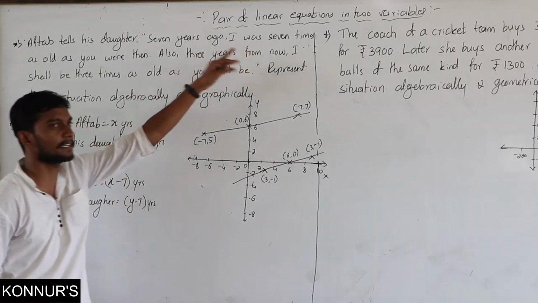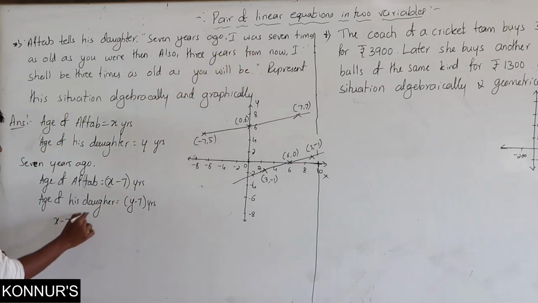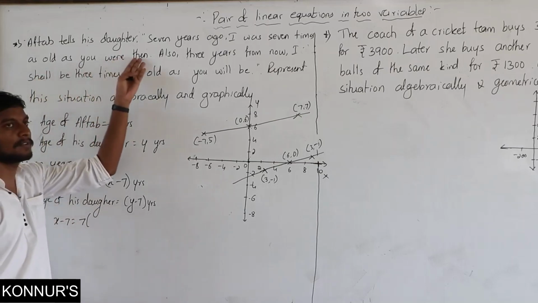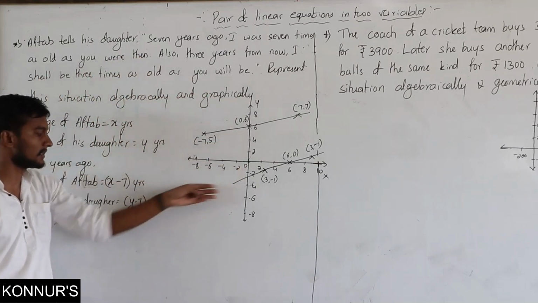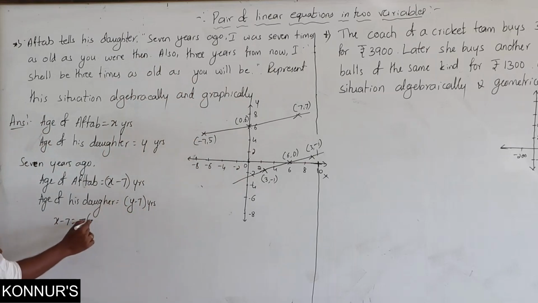I was 7 times as old as you were then, so 7 times means 7 into her age, y minus 7. So x minus 7 is equal to 7 into bracket y minus 7.